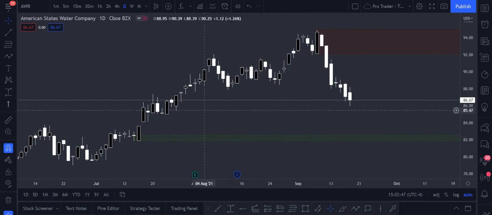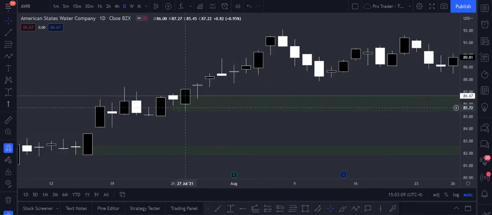Okay. Now let's look at some tested zones. Here's a really good tested supply zone that I see here. This zone was created. We have our zone here that was created. Price left the zone. Here, let's make this a little larger so you guys can see this.